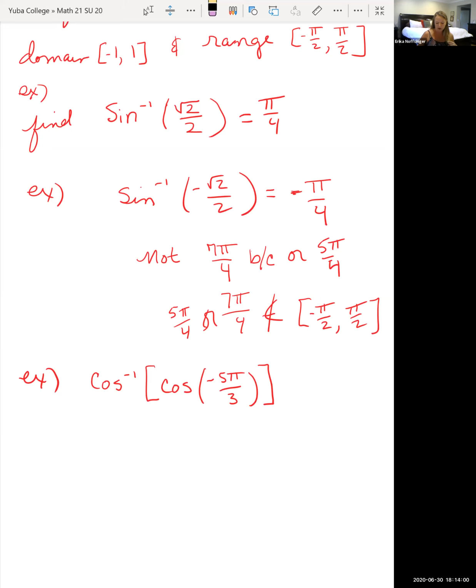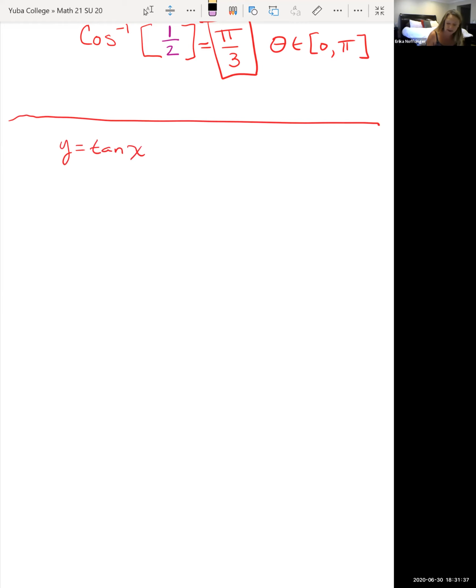And so if you recall, y equals tangent of x. This had asymptotes and those occurred at the values which made our denominator equal 0. Remember, tangent is sine over cosine, so sine of x over cosine of x.